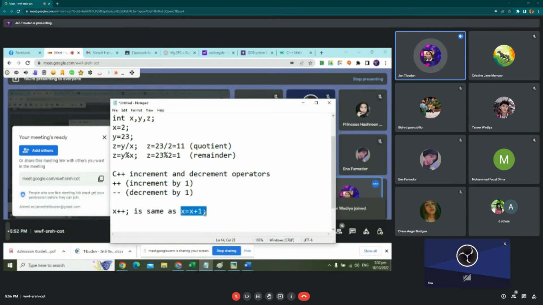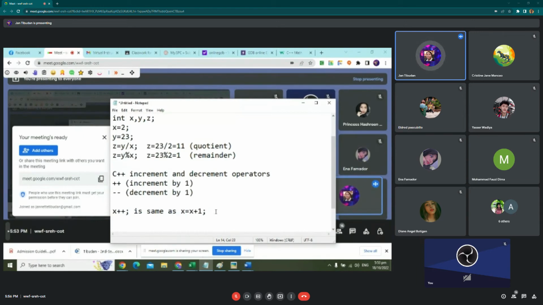So which means that your x on your left side will receive a new value, wherein the current value of x will be added with 1, and the result of that will be placed onto your x.